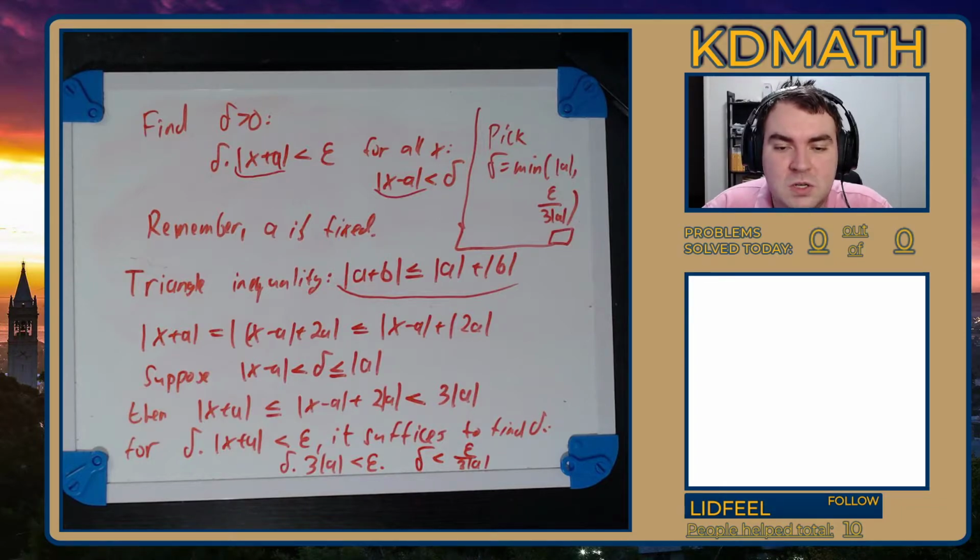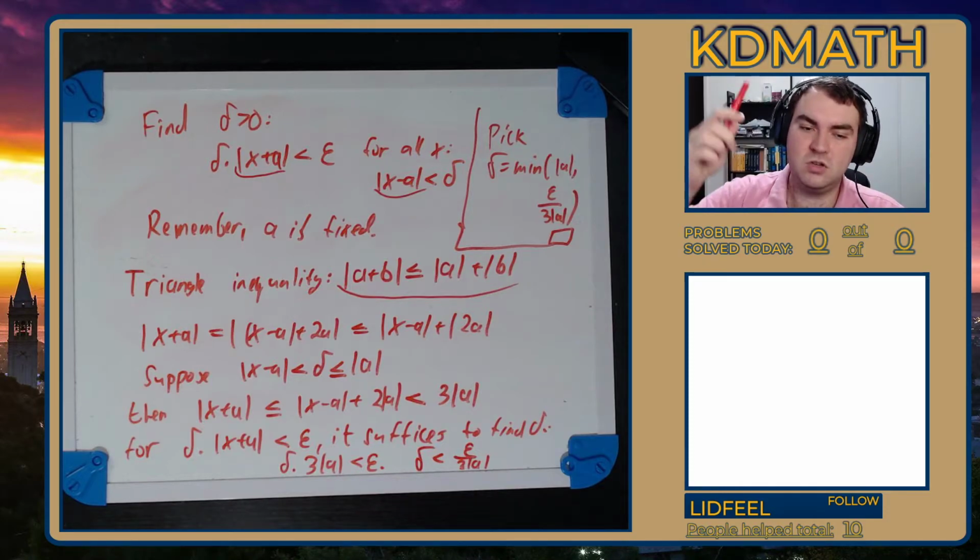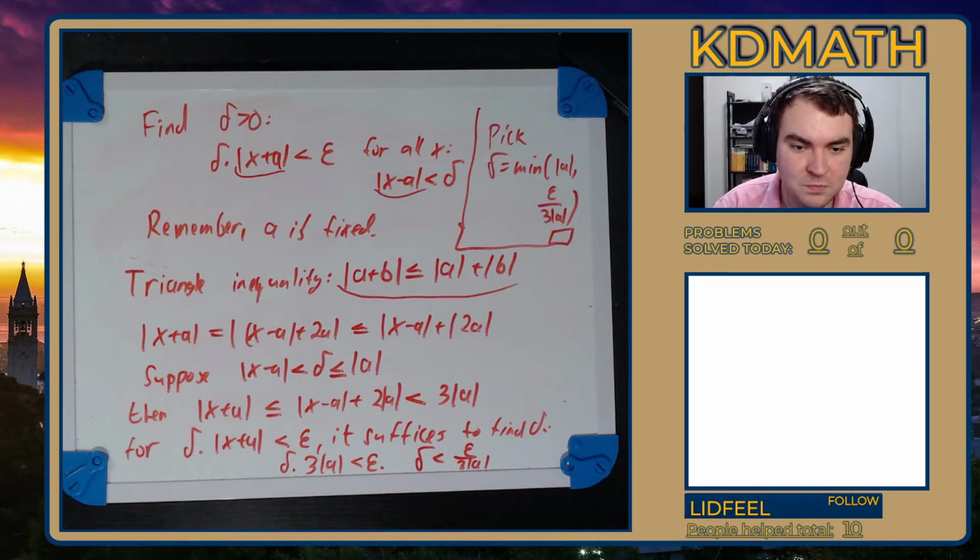So by using the triangle inequality, we saw that if a was not 0, then it sufficed to pick delta less than or equal to the absolute value of a, and also delta less than epsilon over 3 times the absolute value of a. How we worked through that, you can check again in the VOD if you missed some of the words, or you can just look at it on the page right now.